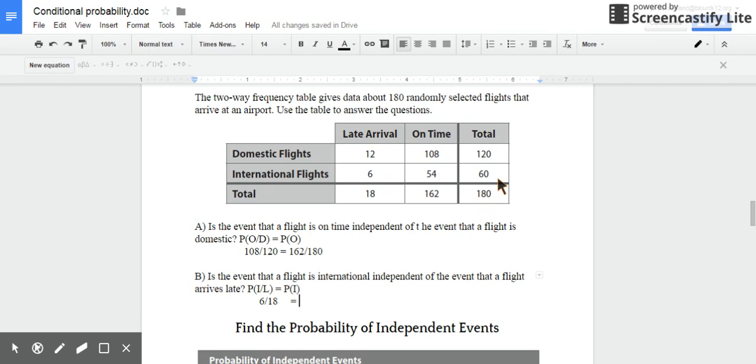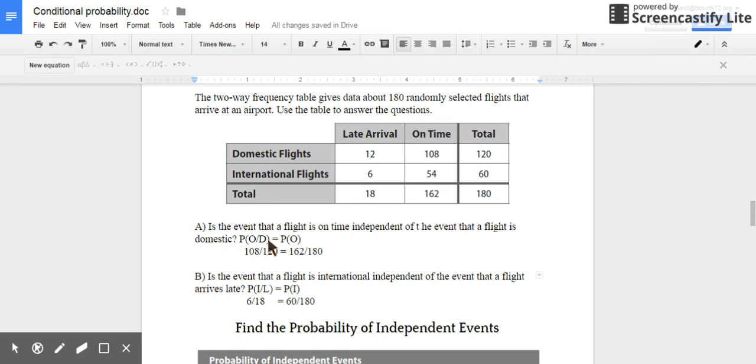We have a total of 60 international flights out of 180 total flights. If you look right here, I hope you can see that these reduce to the same amount. If you crunch this, you get 33% for both of these. So these again are independent events.